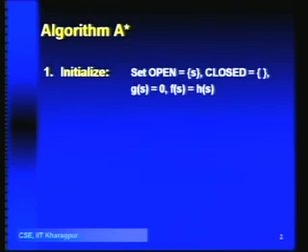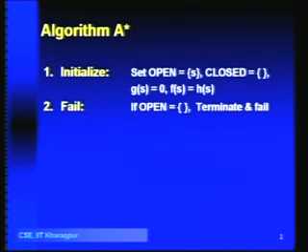One is the g value which computes the distance of the state from the start state, and the h value which is the heuristic estimate of the distance of that state from the goal state. And f is the sum of g and h, and that gives us the estimated cost of a solution which goes through the node n.